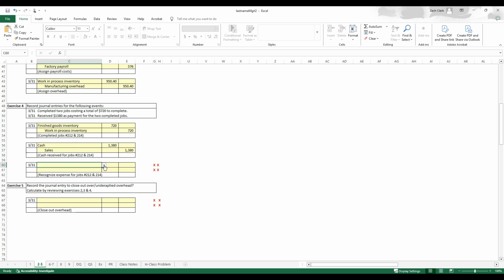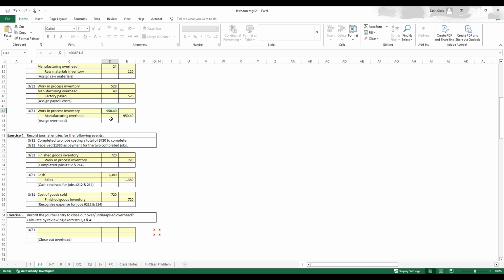And if you remember, sales are always a 2-part entry, to where we've got cost of goods sold as an expense. And in our instance, we have, not 1380, but that was the 720. And then we need to reduce our finished goods inventory by the same amount.